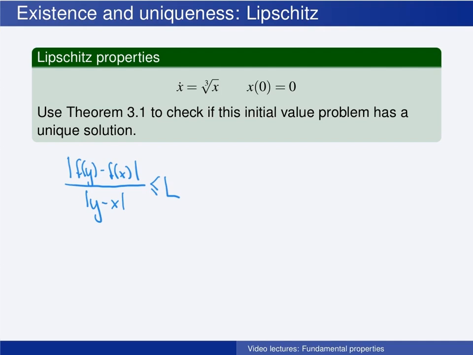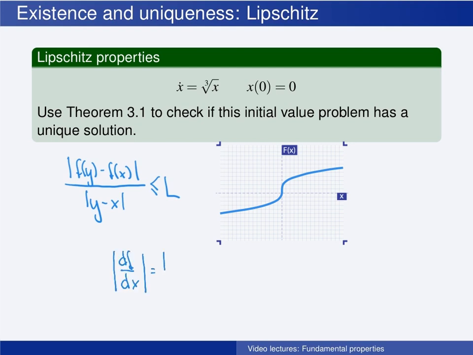Therefore, any function that has an infinite slope at some point does not satisfy the Lipschitz condition of theorem 3.1. The function here looks something like this. And we see that the slope around 0 does not seem to be bounded. We can check this by looking at the magnitude of the derivative of f with respect to x.